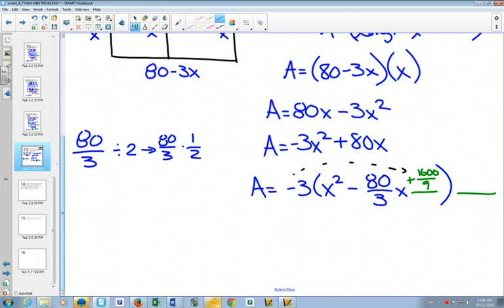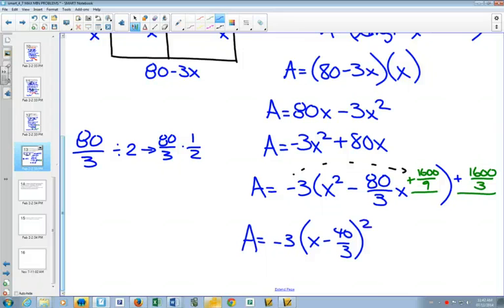So the opposite would be adding 1600 over 3. And now we have, I like decimals. I don't know if you don't like decimals. No, this would be awful with decimals.